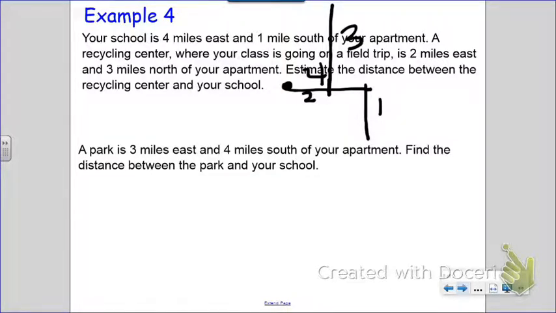Now here's the recycling center. The distance between the recycling center and your school. Here's the school down here. Okay, remember this whole distance was 4. This is 1.